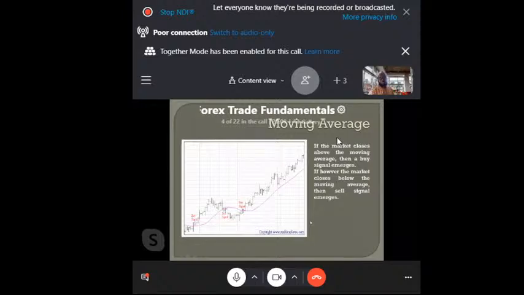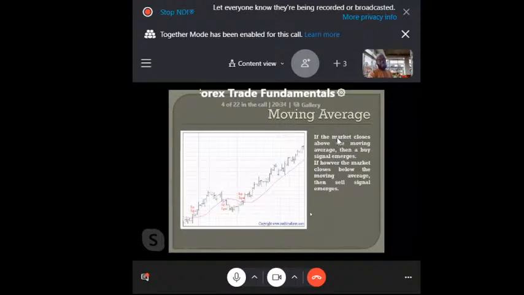Moving average is simply just one line. It's just a line drawn on your candlestick, as simple as that. Now, if the market closes above the moving average, then a buy signal emerges. What we are trying to say is, when the candlesticks are below the moving average, the first candlestick that closes on top of the moving average, you are having a buy signal.